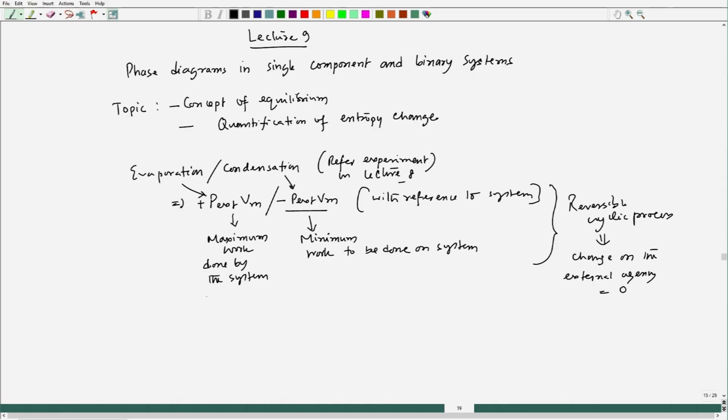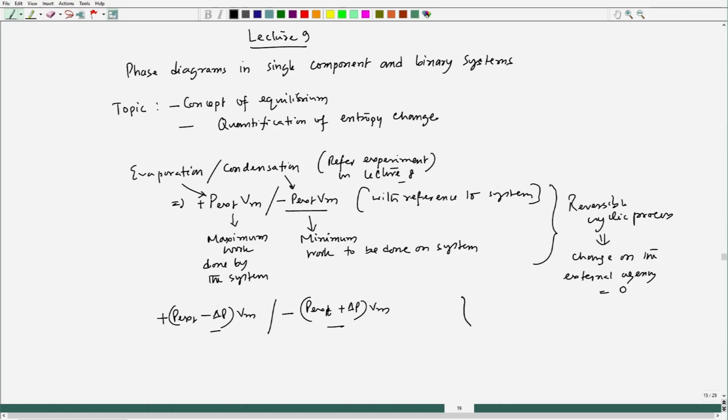But if the same thing happens irreversibly, then my work would be P external minus del P times Vm, and here would be minus P external plus del P times Vm, in case of evaporation, and this is condensation, and we are taking the system as reference.